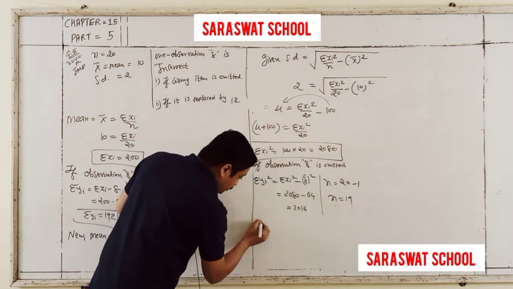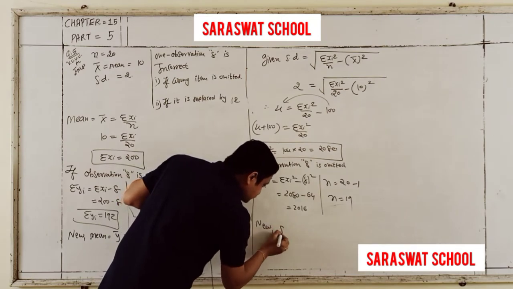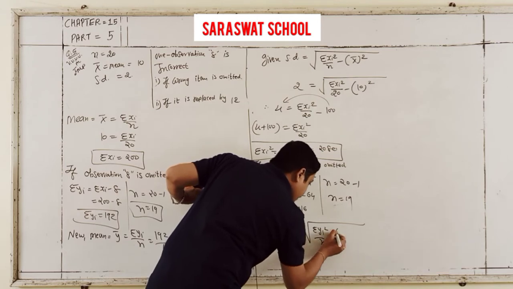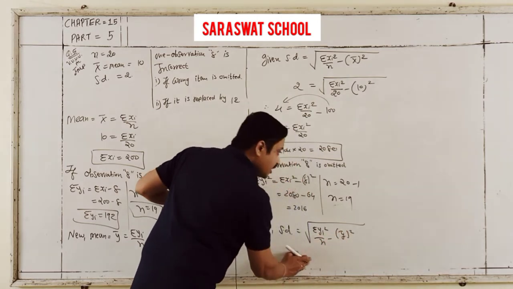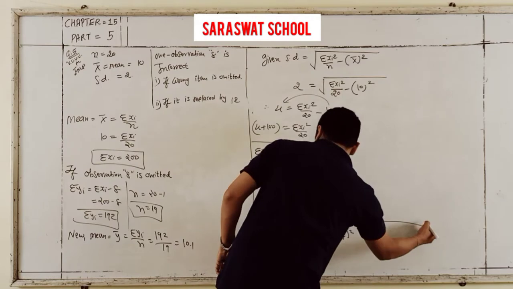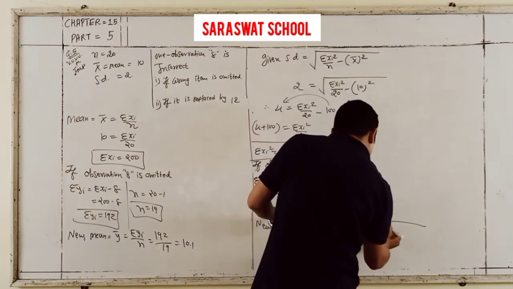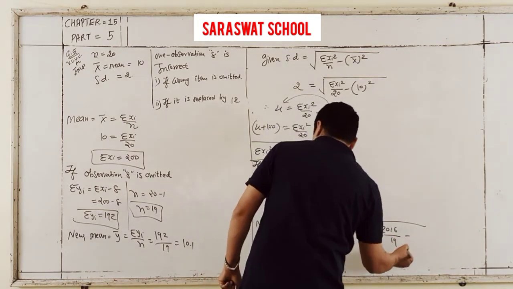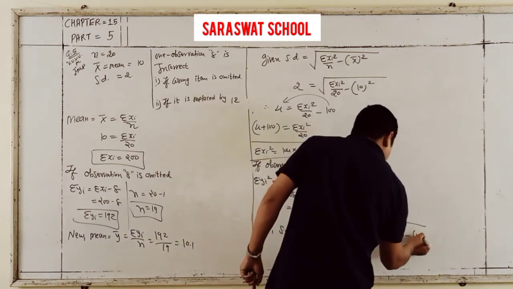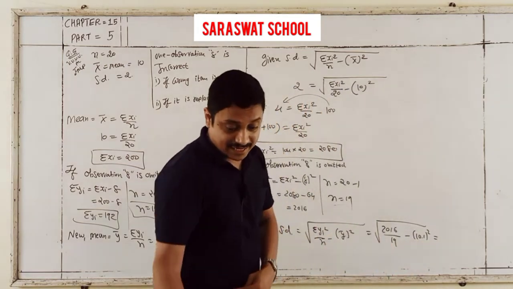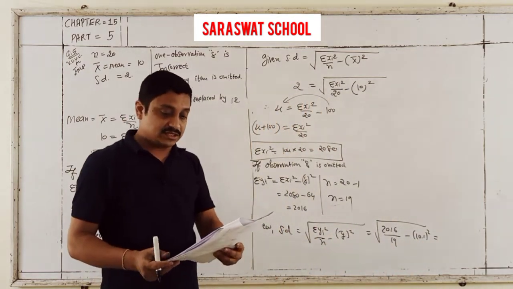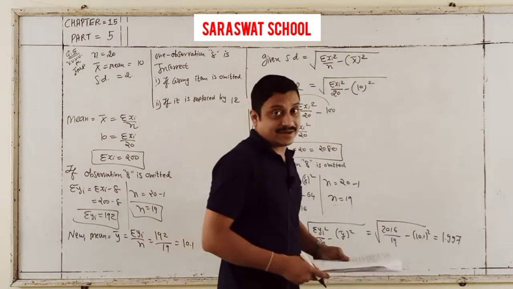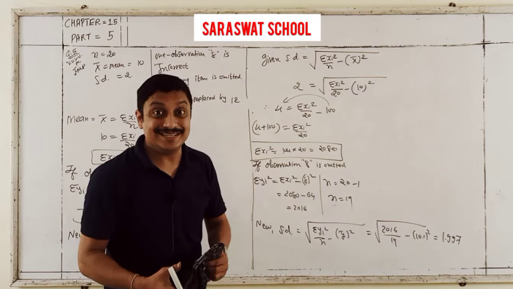So your new SD, standard deviation, is under root sigma yi square by n minus the new mean square. Putting down the values: 2016 by 19, minus 10.1 whole square, and it is your exact answer. If you use the calculator, students, you get 1.997. That is our half sum, easily done.